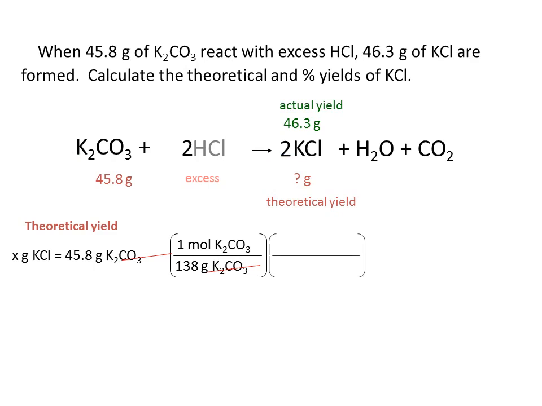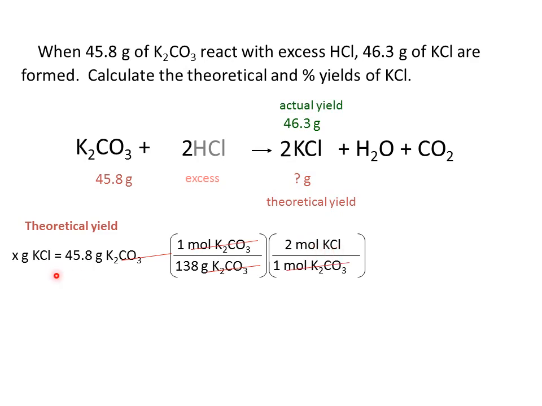So I'm going to substitute that in. Because I have moles of potassium carbonate on the numerator, it's going to fit on the denominator. So again, from the equation, 1 mole of potassium carbonate is going to go right down here, and that will produce 2 moles of potassium chloride. That will go right up here. The moles of potassium carbonate cancel, leaving me with moles of potassium chloride.